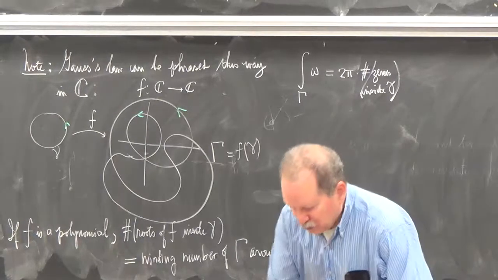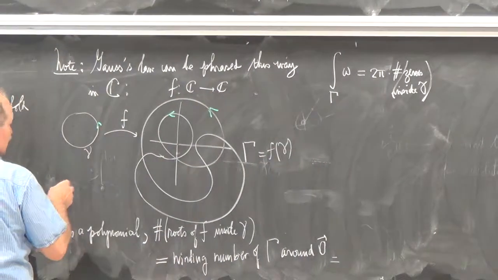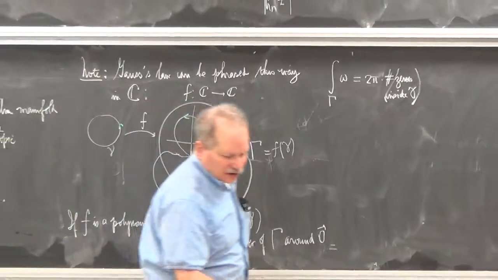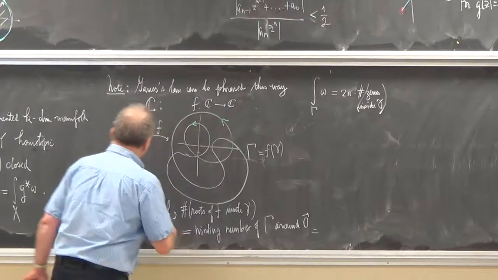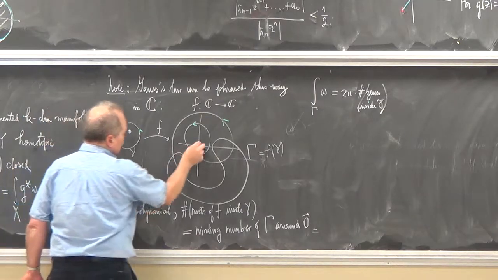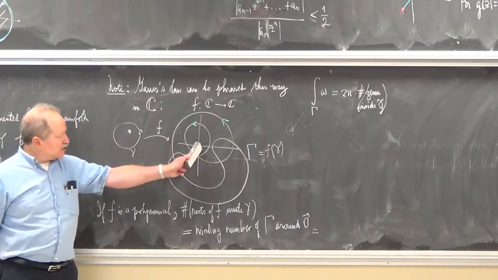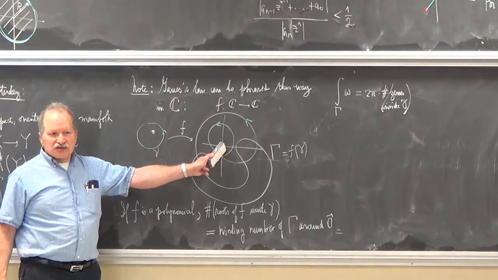All right, so what's the idea? If you had a root, that would mean you'd have a point there that went to 0 here.